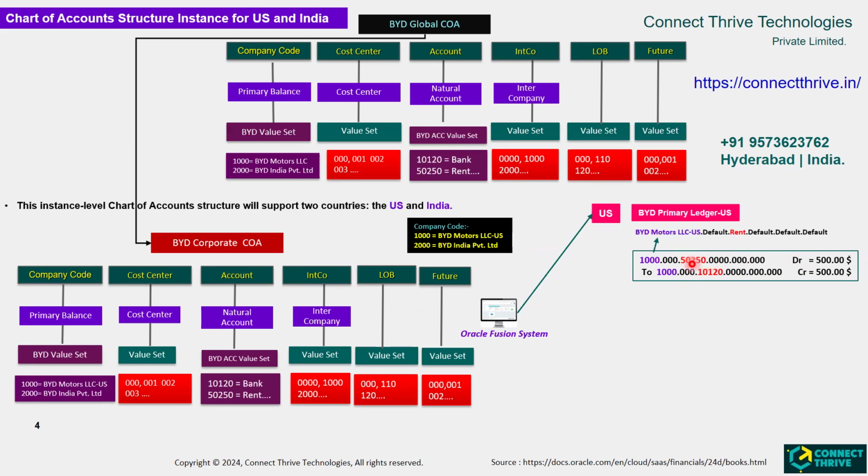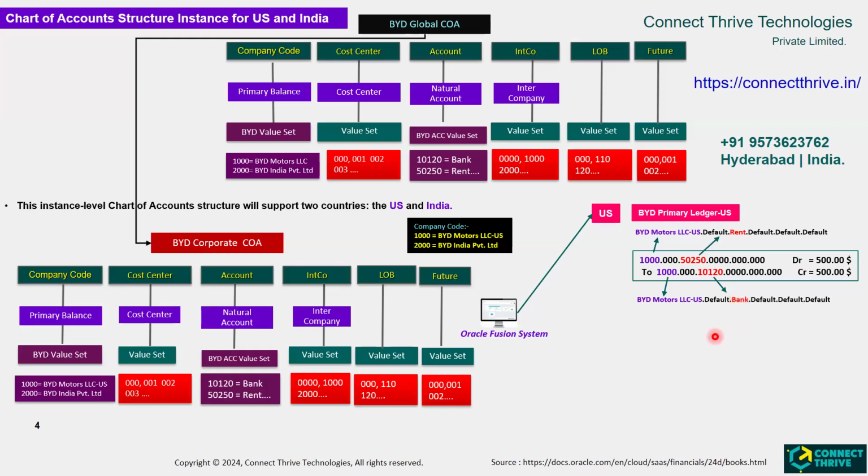This 1000 represents the US entity company code, which is 4 digits, and here we have national account 5025, the rent account value. Then we have the BYD company, and the credit line is the same. It represents the bank account value, which is 5 digits.